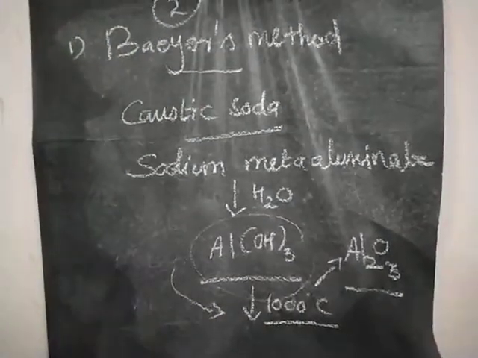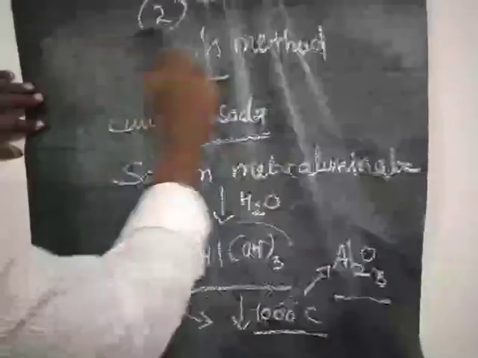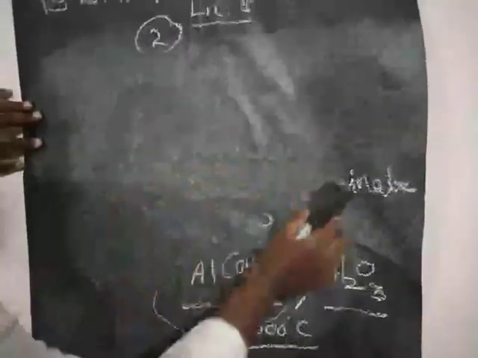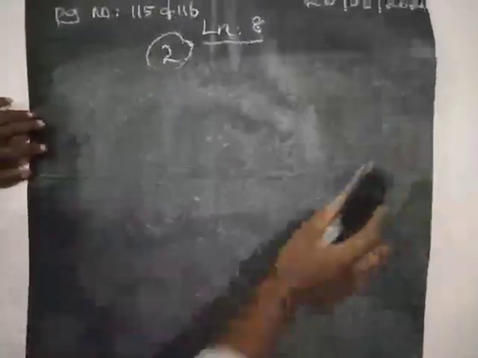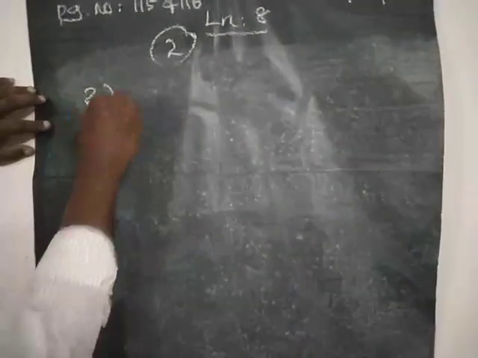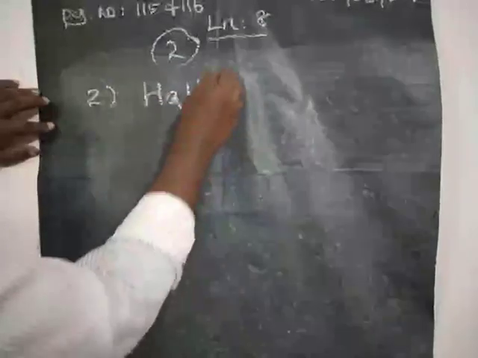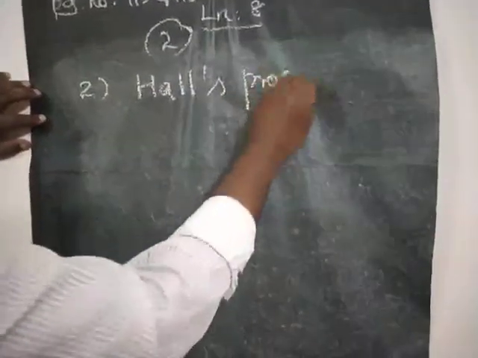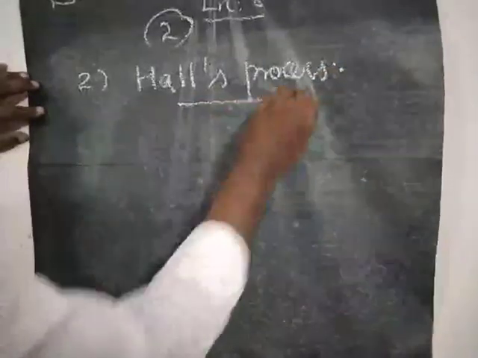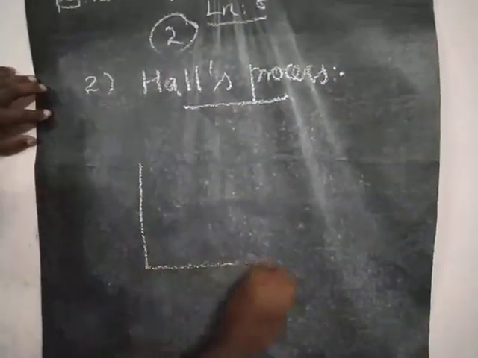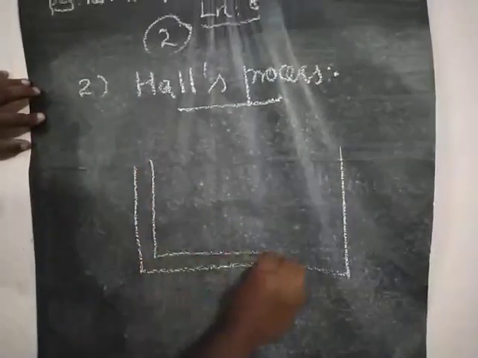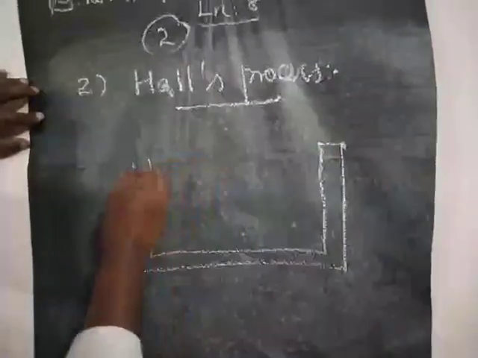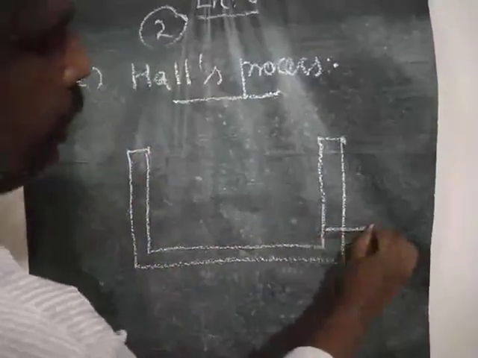The second method, Hall's process. We have to take the iron tank attached with graphite, acting as a cathode.